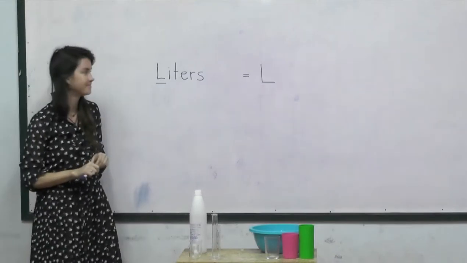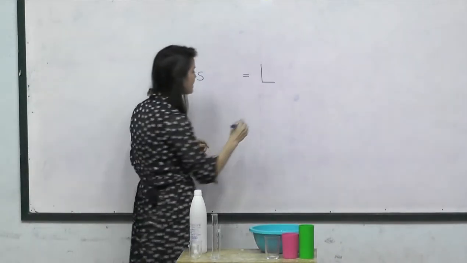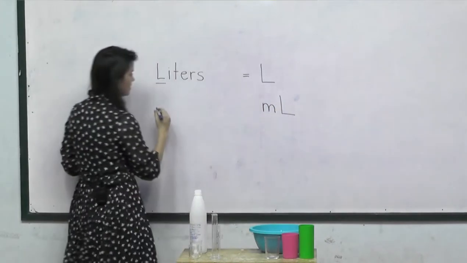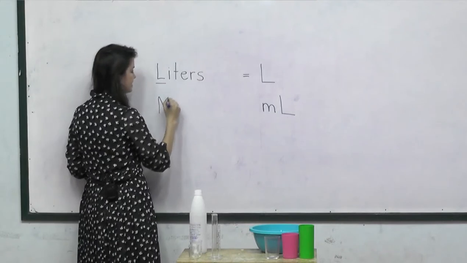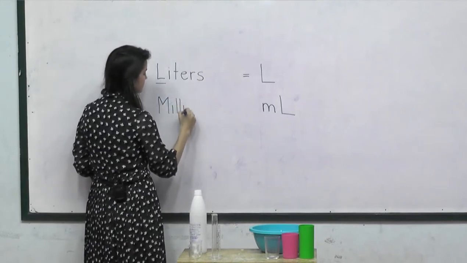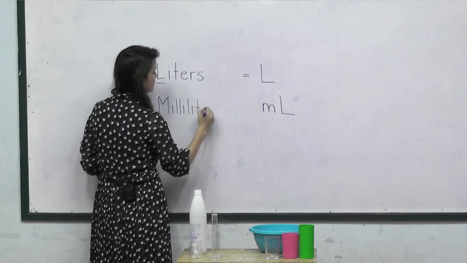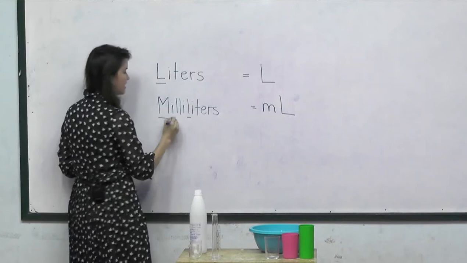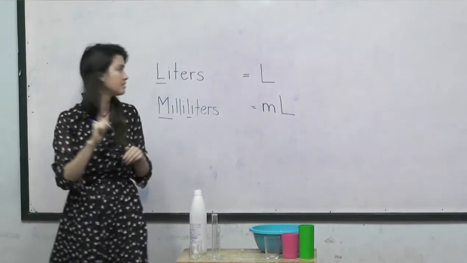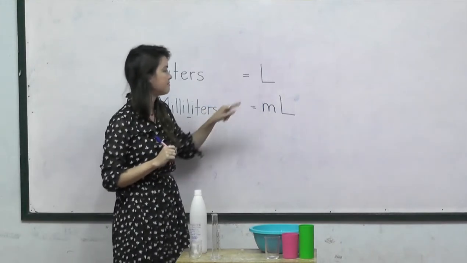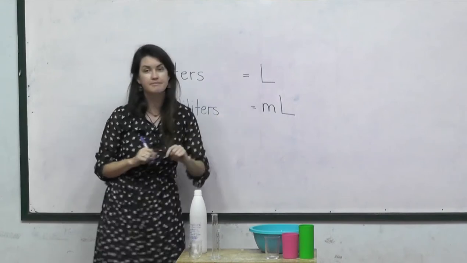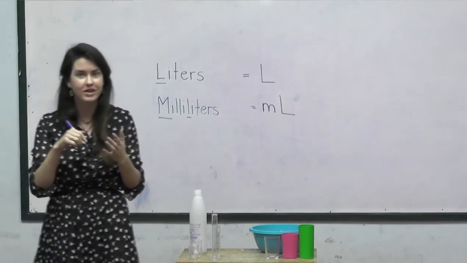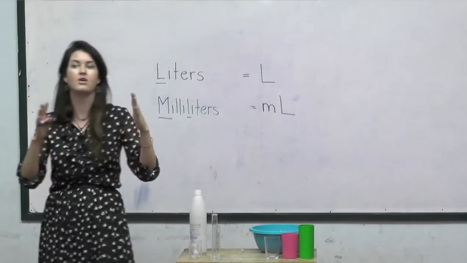M, L. Yeah, we use M and L. ML, because our milliliters have those two letters, our L and our M. So when we're writing, we can just write ML so that it's a little bit faster and easier to move quickly through our experiments. We don't need to write that whole word.